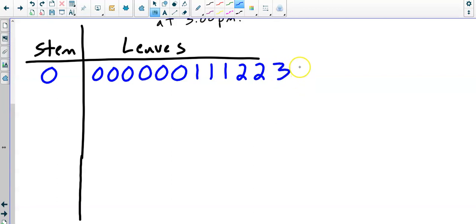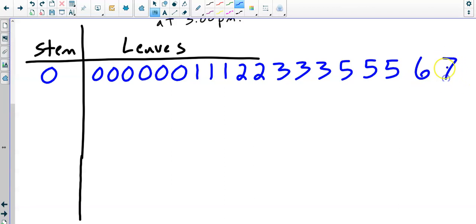So 3, 3, 3, 5, 5, 5, and then I have a 6 and a 7. We never ever break leaves into 2 rows. Your leaves should be all 1 row, and everybody should be evenly spaced. Okay?